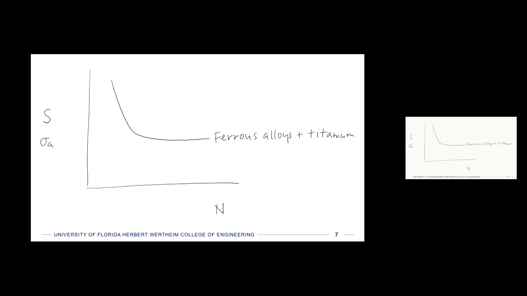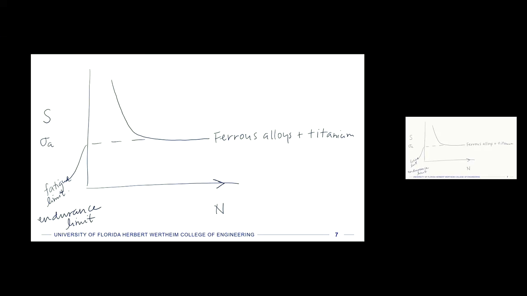So it reaches what's considered to be the fatigue limit. When we talk about steel alloys and titanium, you can say there is a fatigue limit. This is also called the endurance limit. If stress amplitudes below this magnitude are applied, it's expected to have infinite life, because it never hits that SN curve.